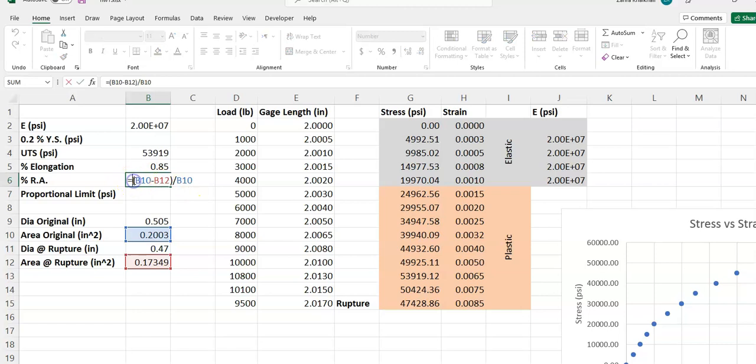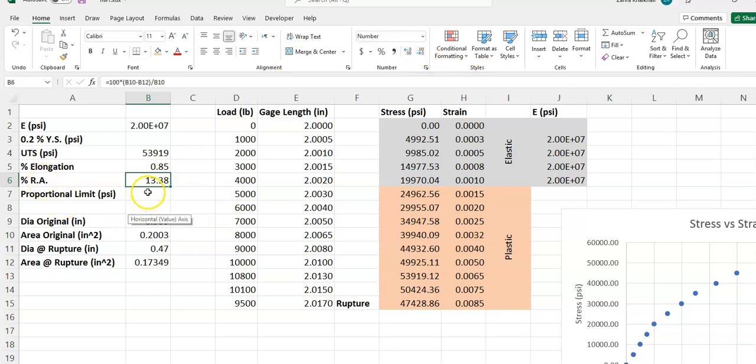Here I also need to multiply this by 100. So we have 13.38% in reduction of area.